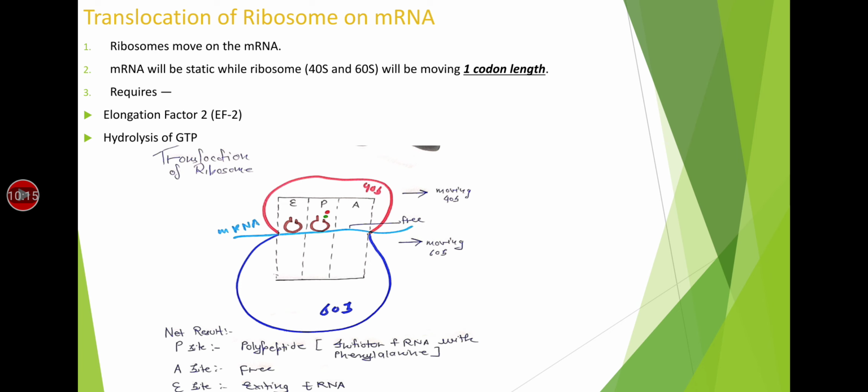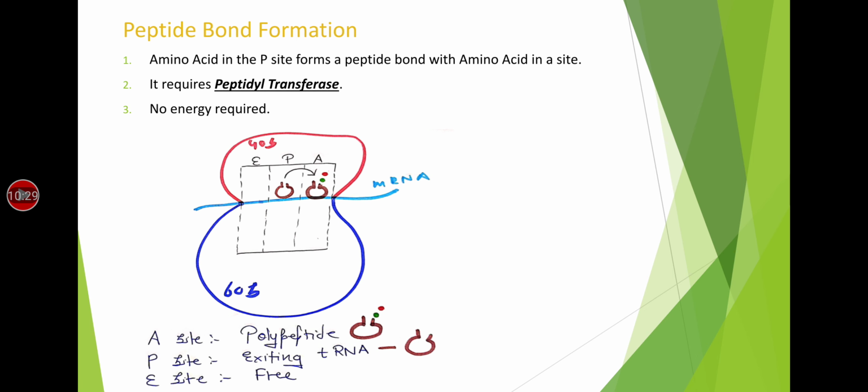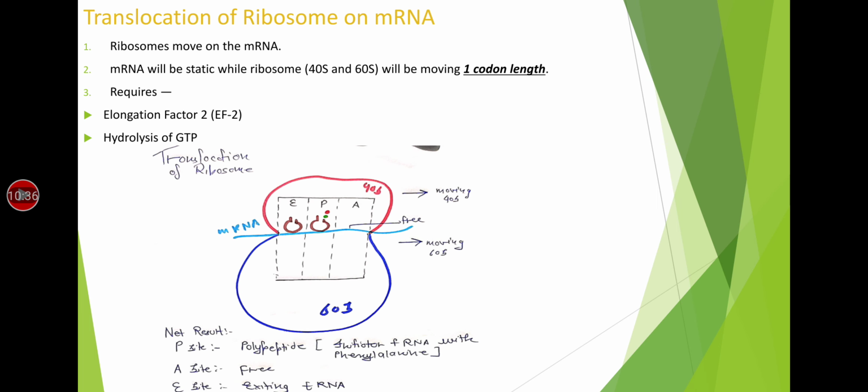So, what is the net result of translocation? See very carefully. Now, the result is that the P site now contains the polypeptide chain. In the previous step, we can very well see that the A site was containing the polypeptide chain, but because of translocation, now this polypeptide chain moves to P site.